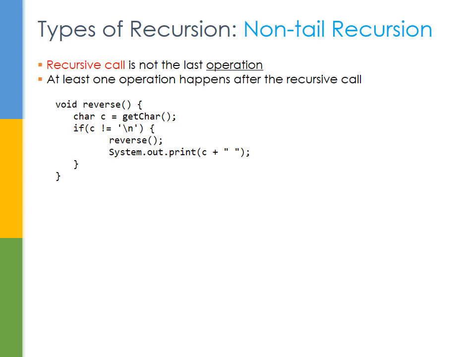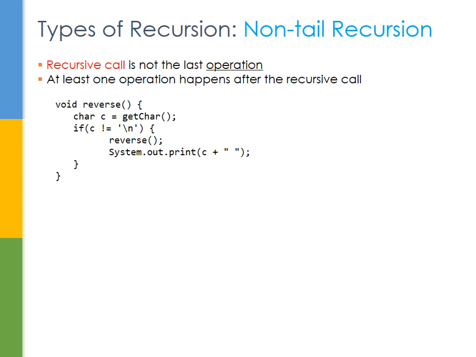So again, we then have an if statement, and we can see that the else portion is left out. That means implicitly there's an empty else, meaning that no operation is performed if this condition is not satisfied. So what this again then means is that we have an empty base case.